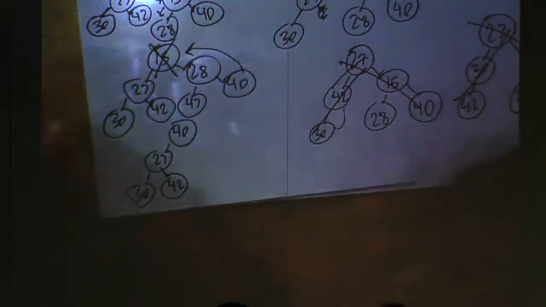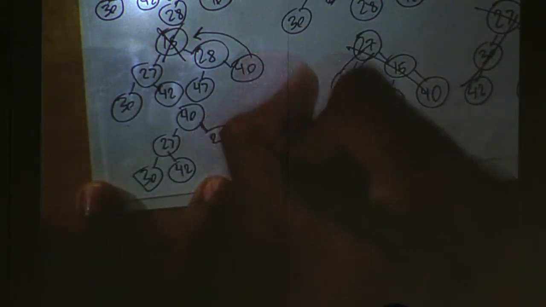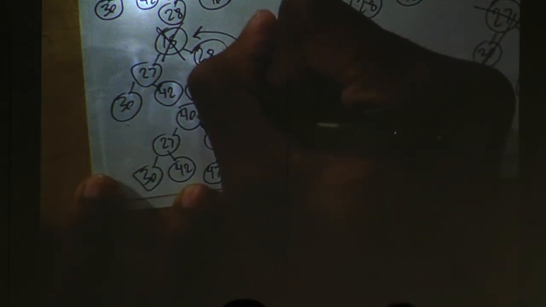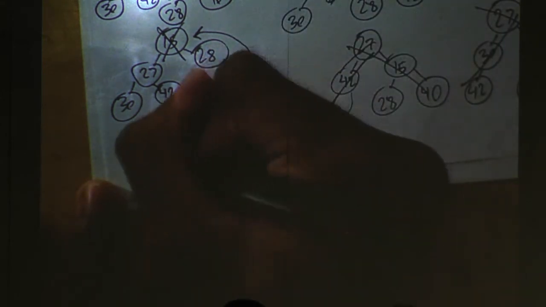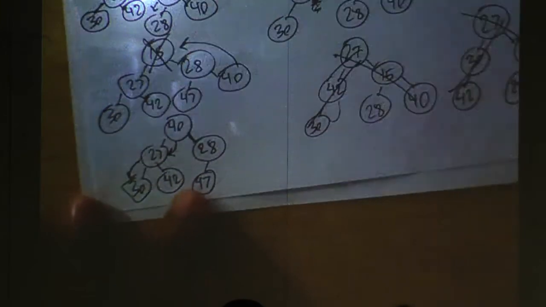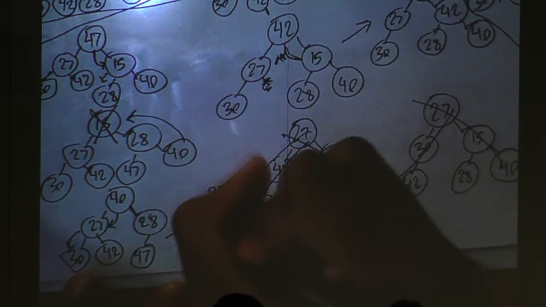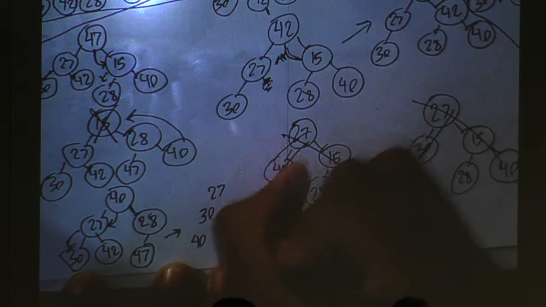So to finish up this one here, 28, 47. Then you would just switch that with the smaller one here, the 27, and then you'd switch it with the 30. So then you'd get 27, 30, 40, 28, 47.